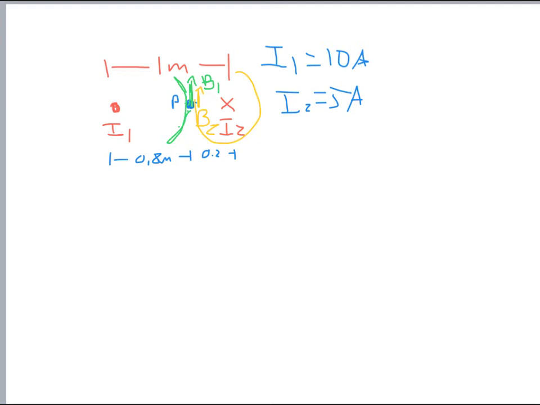Now it's just a matter of applying the formula, plugging all the values into the formula to get the magnitudes.